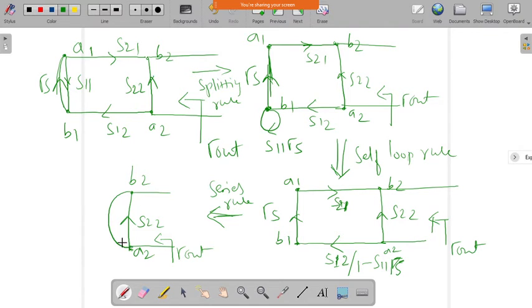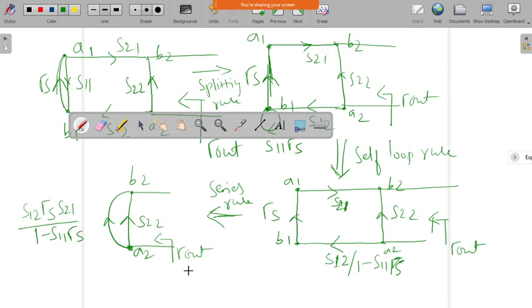We apply the series rule, where the branches are in series, so we multiply all these terms: S12 gamma S S21 divided by 1 minus S11 gamma S. Finally we get the expression for gamma out after applying the parallel rule, adding these two branches: S22 plus S12 gamma S S21 divided by 1 minus S11 gamma S. This is the reduction for gamma out.